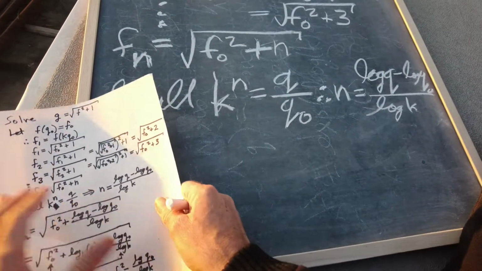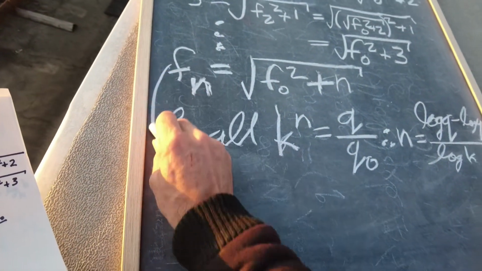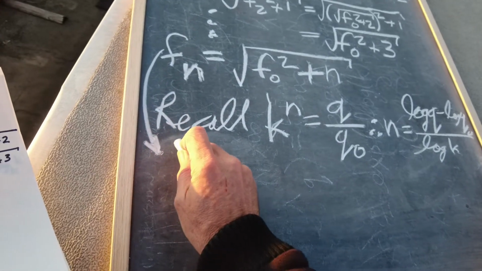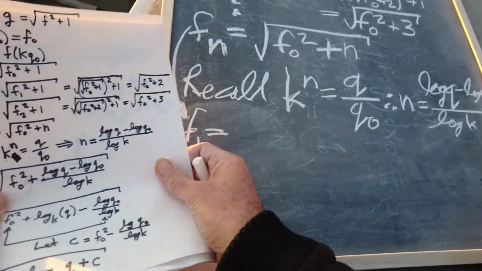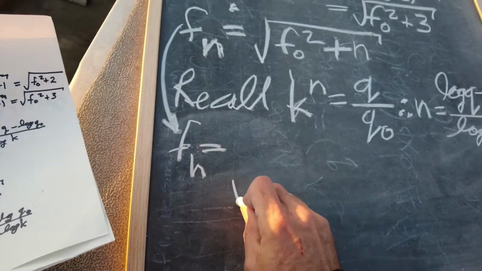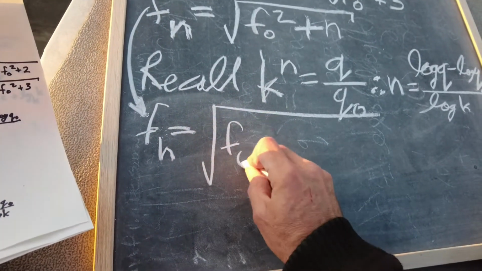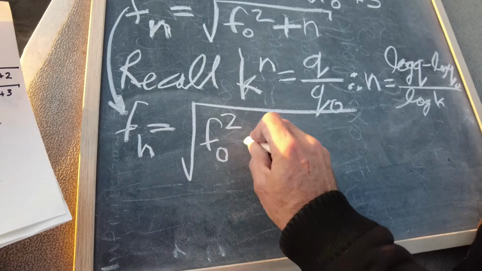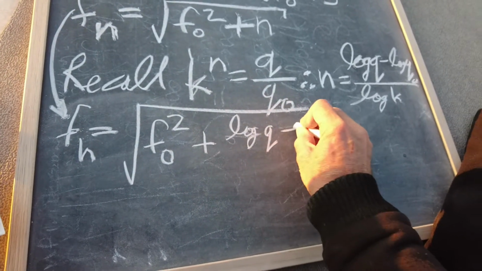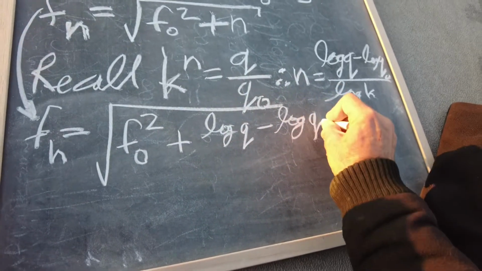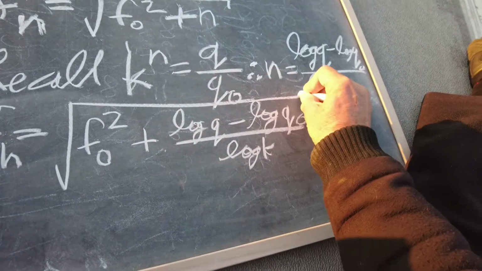So now if we use this key to unlock the comparametric equation, we have fn from here equal to the square root of f0 squared plus n, which is just log q minus log q0 over log k under the square root sign.